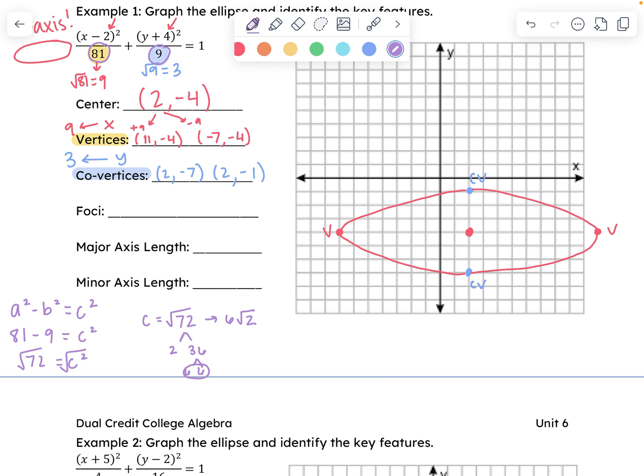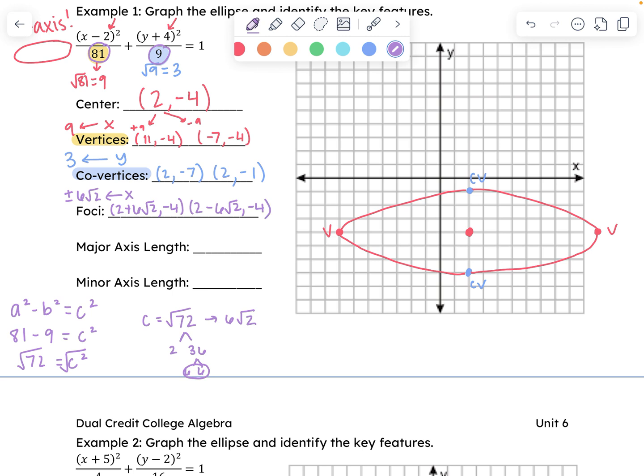So we know that it's going horizontally, parallel to the x-axis, so for my foci, I'm going to add or subtract that 6 square root of 2 to my x. So you can write that as 2 plus 6 square root of 2, -4, and 2 minus 6 square root of 2, -4.